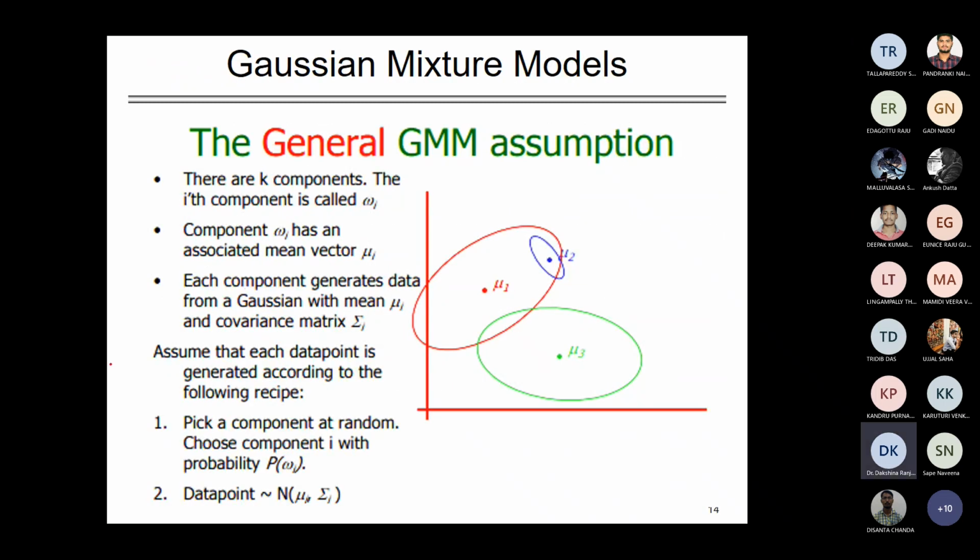Now we will talk about the Gaussian mixture model. What is the general assumption about the density estimation?